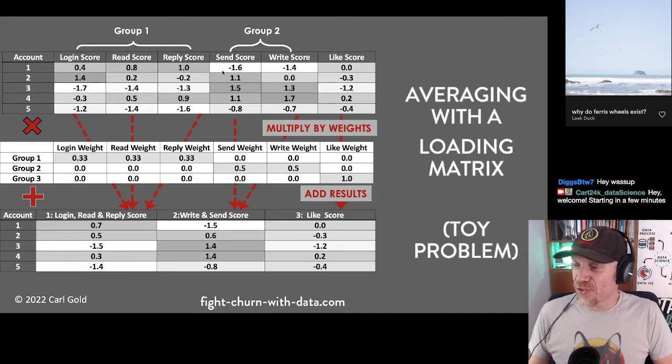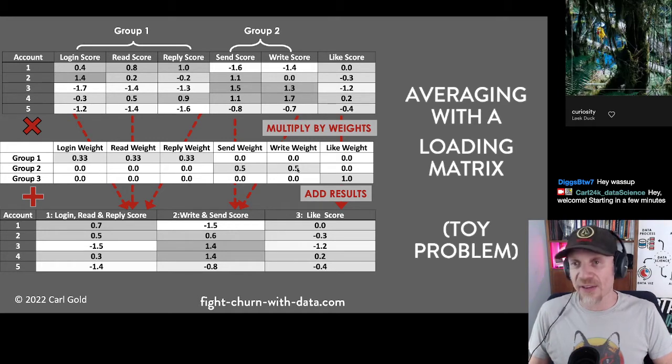And then if we average minus 1.6 and 1.4, that would be the average for this second group. In this case, we achieve the average by multiplying by weights of 0.5, because that adds up to 1 and makes an average. And let's say for this last metric or feature, we don't want to group it. It's their score, and that one we just multiply through by 1.